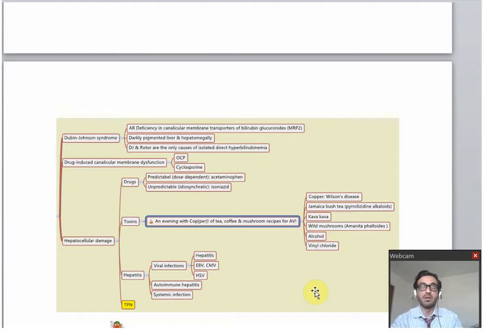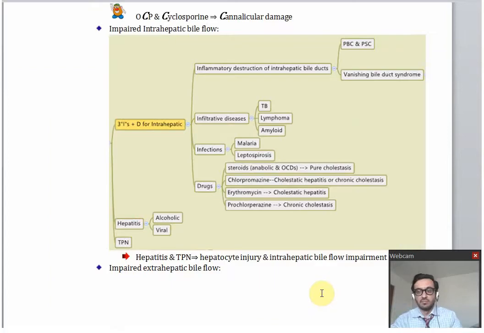Okay, the next category is conditions that impair intrahepatic bile flow. We mentioned either we have problem excreting bile or we have problem with intra or extrahepatic bile flow as underlying causes of conjugated hyperbilirubinemia. What are the conditions that can cause impairment of intrahepatic bile flow?